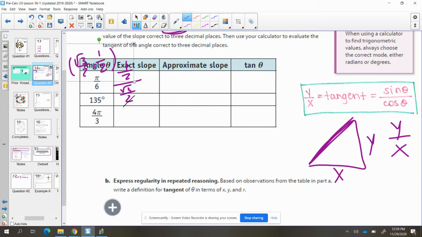If we simplify this, the 2's in the denominator cancel out, and we have 1 over the square root of 3. But we don't like to write this with a radical in the denominator, so we rationalize, and we end up with an exact value of square root of 3 over 3, which is approximately 0.577.